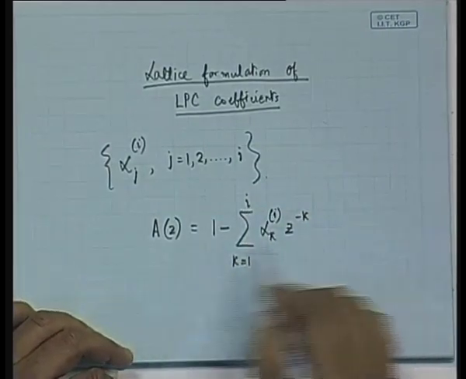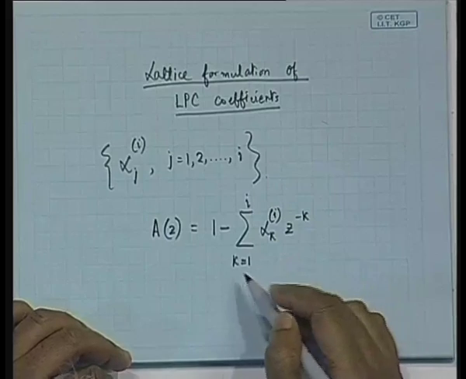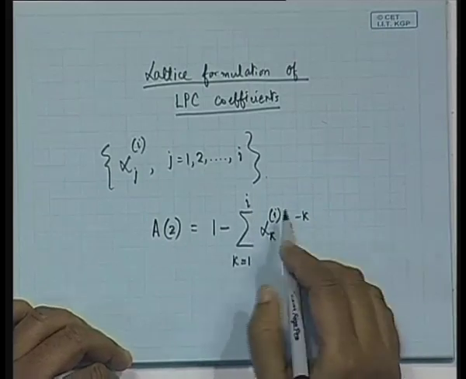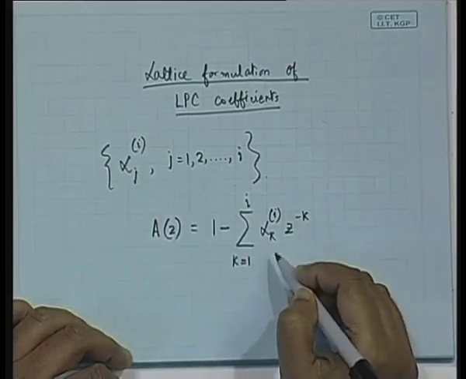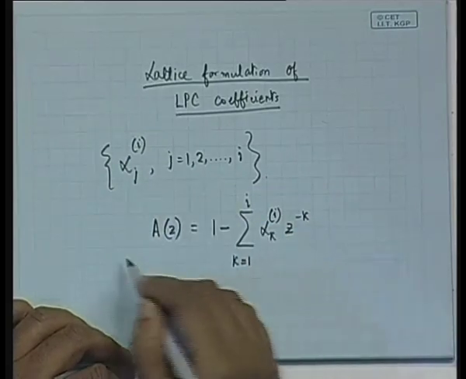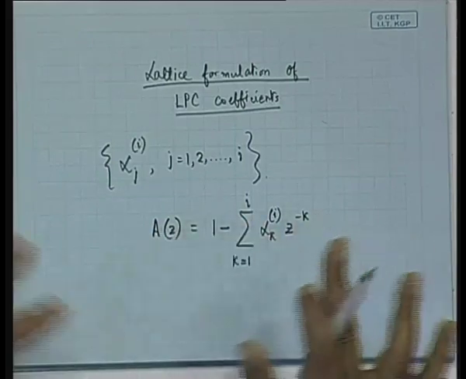So essentially, with this ith order prediction, we are expressing the filter. This is just a filter. Let's imagine that somehow we are able to realize a filter using these prediction parameters alpha k.